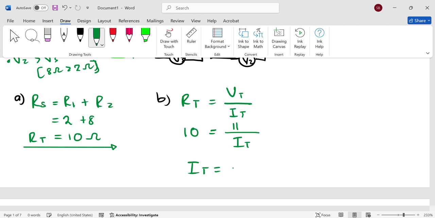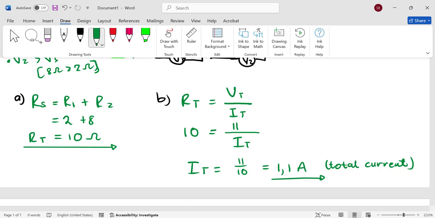So I total would be 11 divided by 10, and that would give me a value of 1.1 amperes. This is the total current because it is the current for A2, right?